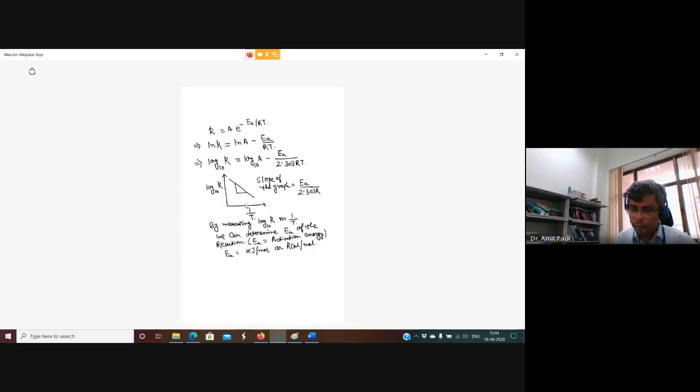By measuring the rate constant at different temperatures, you can determine the activation barrier for this reaction. If the activation energy is very high, then the reaction will proceed very slowly, and as we increase the temperature, the reaction becomes fast.